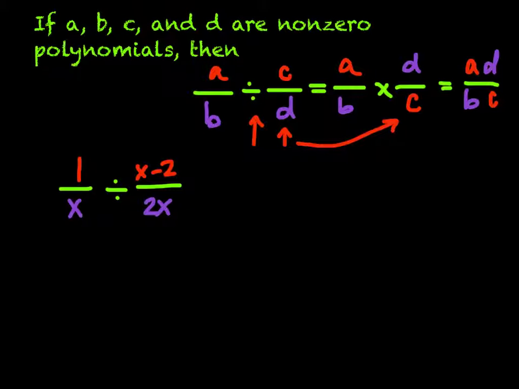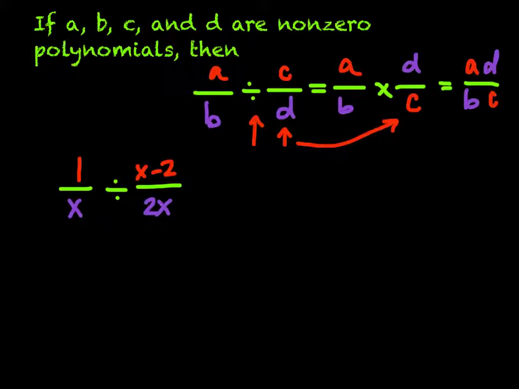So if we had A, B, C, and D, where A, B, C, and D were non-zero polynomials, so essentially nothing equaled 0, then we could say this is A over B divided by C over D. And then after that, we could say this is technically A over B times D over C, which means we could then rewrite it as A times D over B times C.